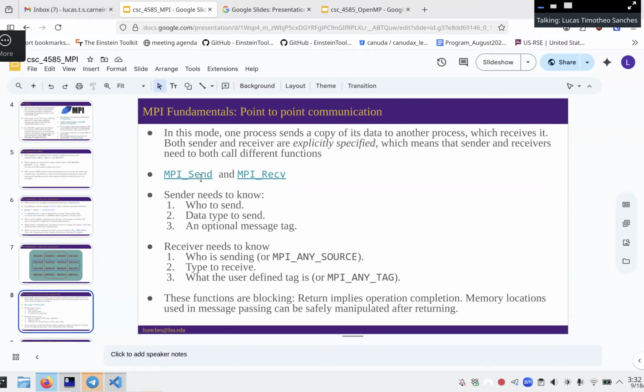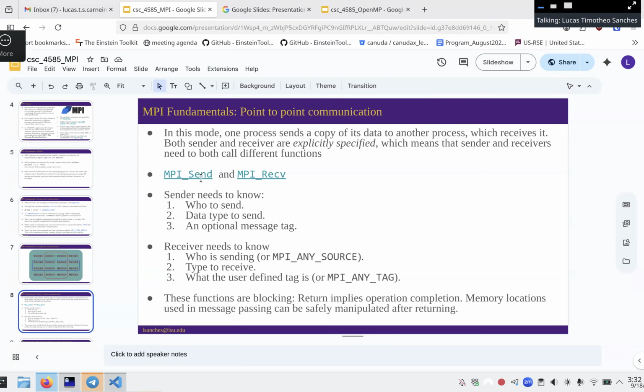Still, they need to have different behavior, because if one wants to send and the other wants to receive, you have to have an if statement somewhere that says, if I am process 0, I want to send. Else, if I'm process 1, I want to receive. And you have to explicitly call send in one and receive in the other.